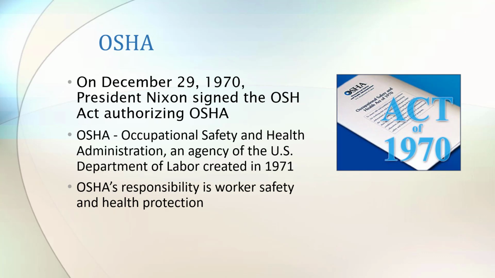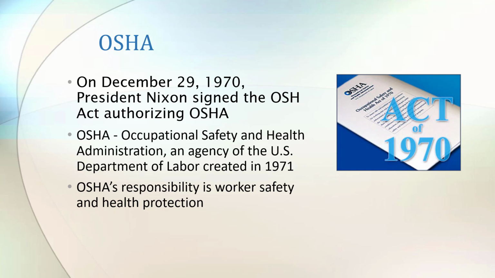December 29th, 1970, President Nixon signs the OSH Act, and this authorizes OSHA. The OSH Act is a small document, and we're going to cover what is probably the most important part next, but it's just an act. It gave the right to create the administration.